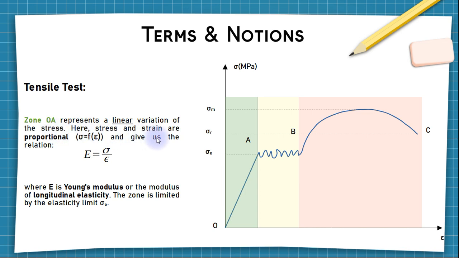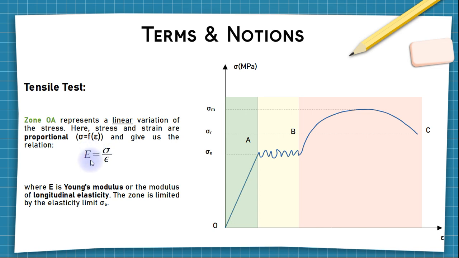Here stress and strain are proportional. This makes sigma equal to f of epsilon, where this function is like sigma equal to a number A times epsilon, and that's all.